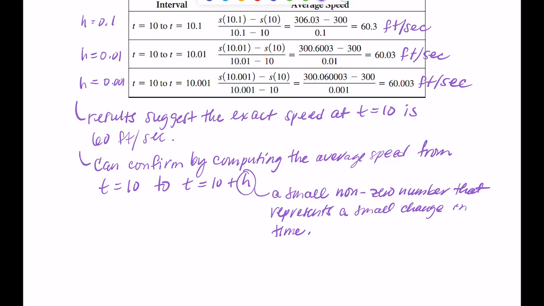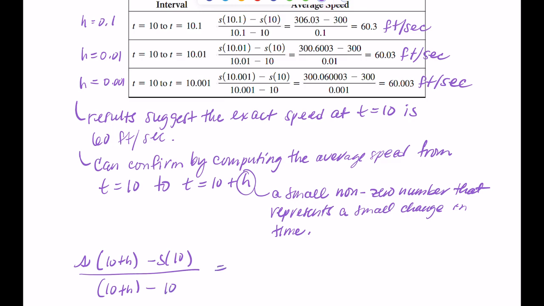So if we apply our formula for average speed, we took our y values, and in this case our function is s, and we did y2 minus y1 over x2 minus x1.